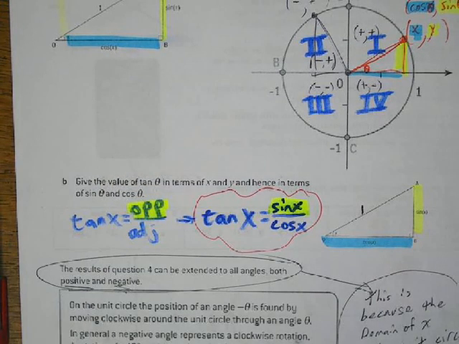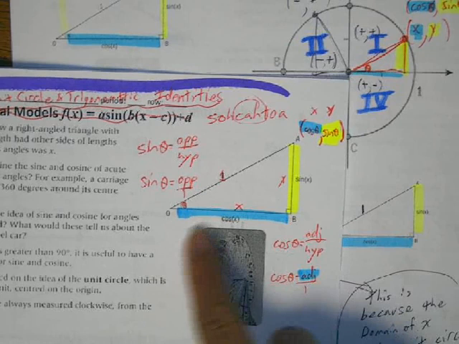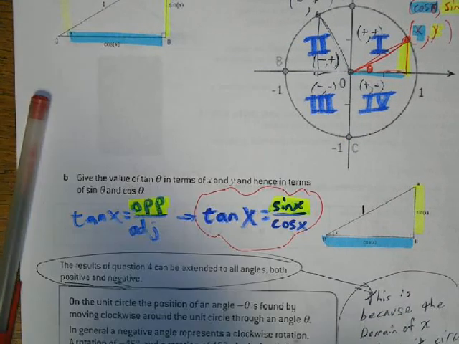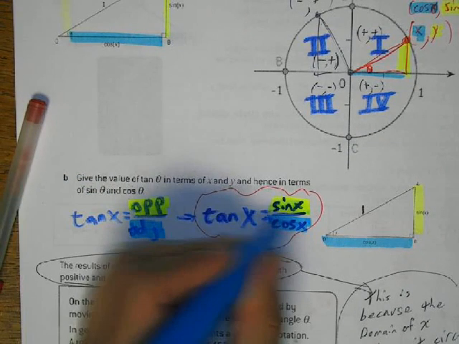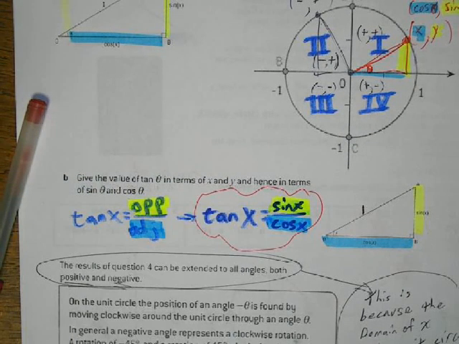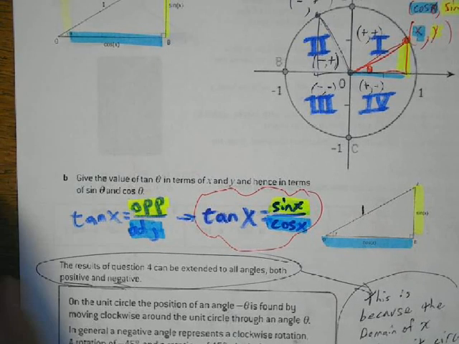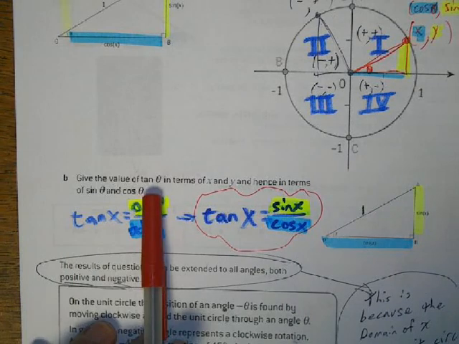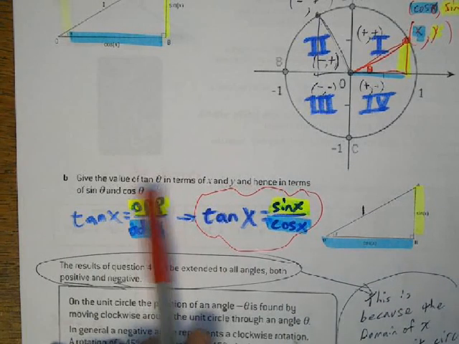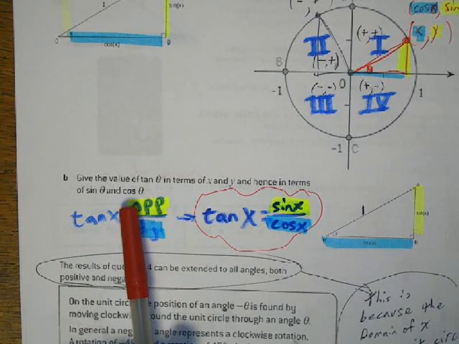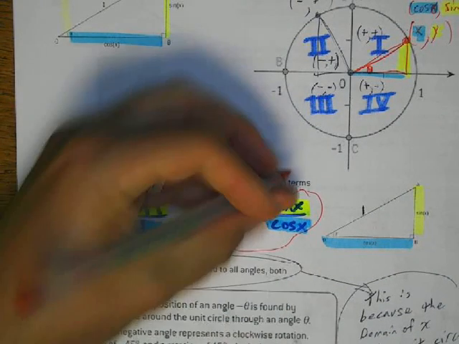And we said the adjacent side is cosine x, so I'm going to replace the adjacent with cosine x. Okay, and so here we've given tangent theta in terms of sine theta and cosine theta. Okay, let's change that to a theta.